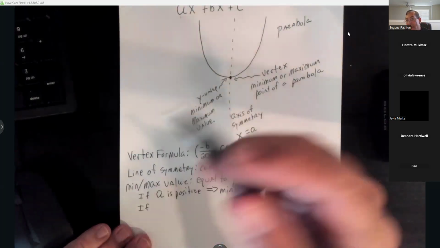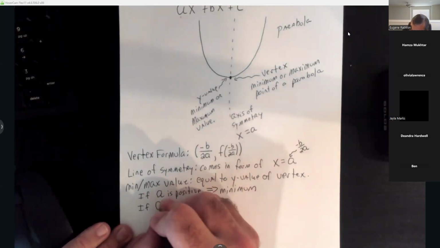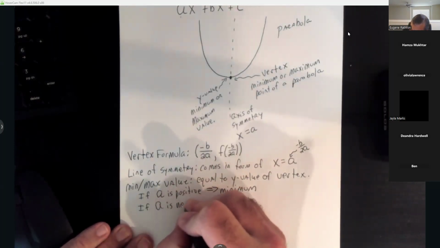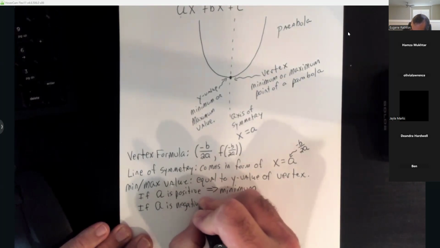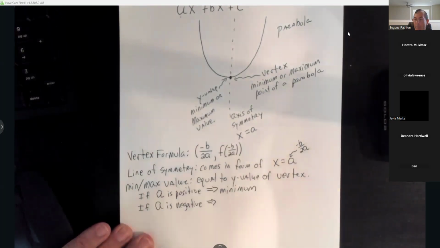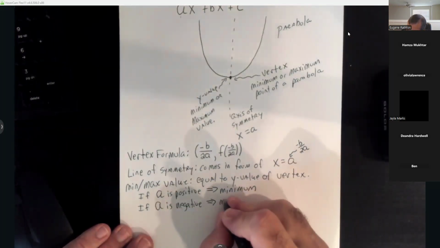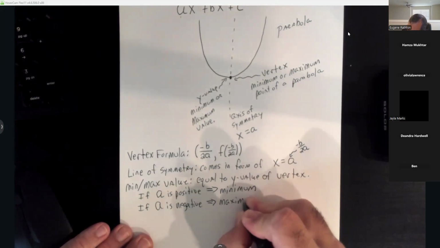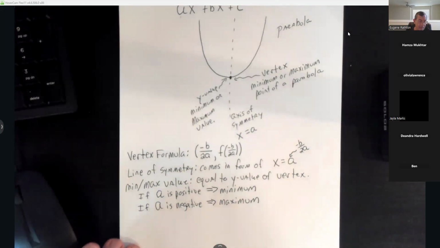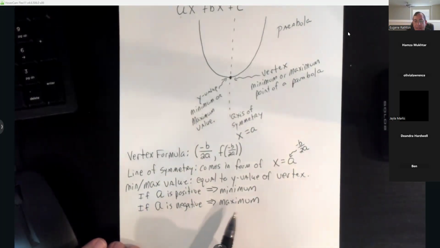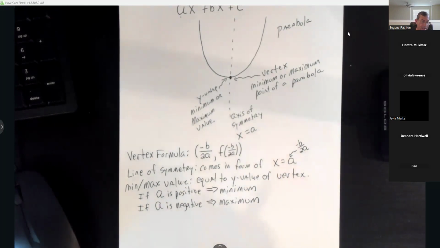If the a is negative, well, remember, if that a is negative, it's going to flip that parabola over and make that a maximum. Okay, so just looking at that a coordinate tells me whether I got a minimum or a maximum value, okay?